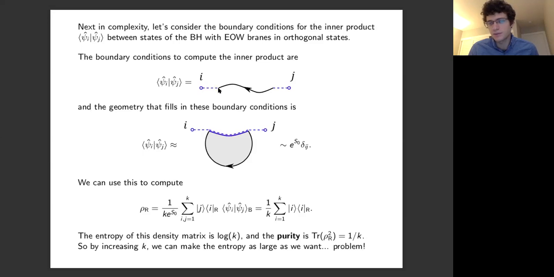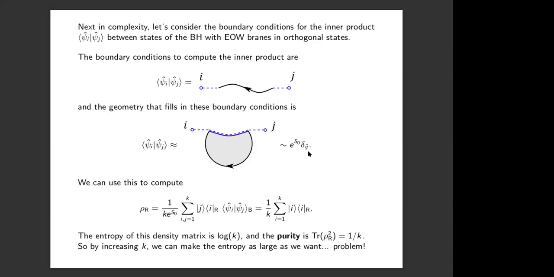So the boundary condition at this point says that an end of the world brane of type I needs to hit the boundary here. And the other boundary condition at the other end says that an end of the world brane of type J needs to hit the boundary here. So a geometry that fills in these boundary conditions is the following one here. It's just the same thing we were looking at a second ago, and it's proportional to e to the s0 times Kronecker delta ij.